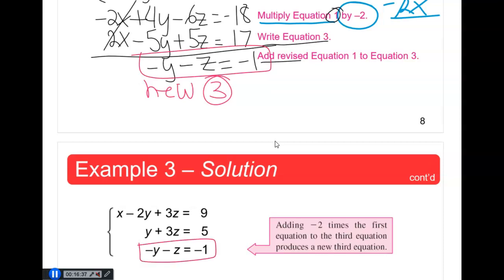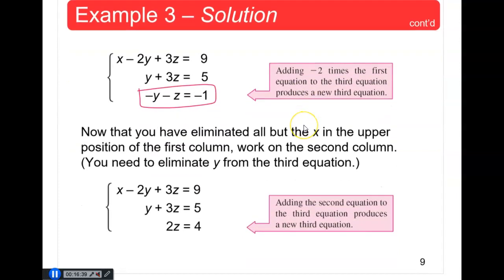And we're almost there. We already have that step pattern, so we have 1x, 1y, and we need to eliminate the y from equation number 3 and also turn that negative z into positive z. So what makes sense for us to do is, if you notice here, we have positive y and negative y already.